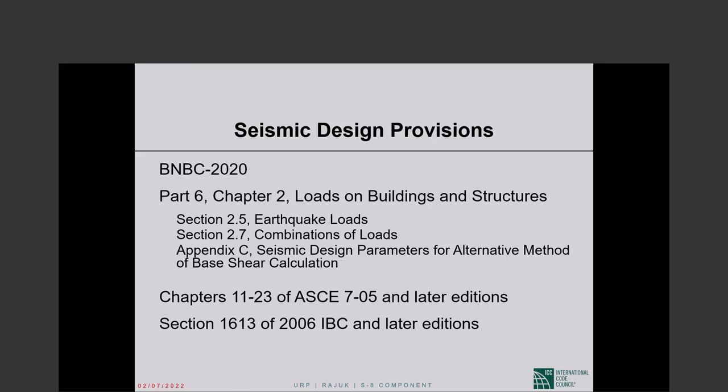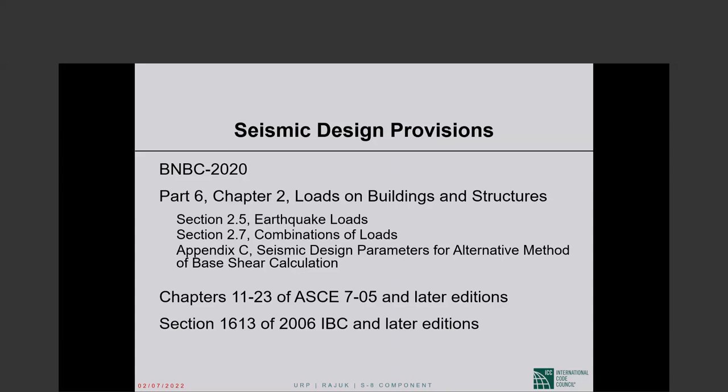Any kind of design involves combinations of loads. Appendix C is entitled Seismic Design Parameters for Alternative Method of Base Shear Calculation. So in BNBC, we will use all those sections: section 2.5 earthquake loads, 2.7 combinations of loads, and Appendix C, seismic design parameters for alternative method of base shear calculation.